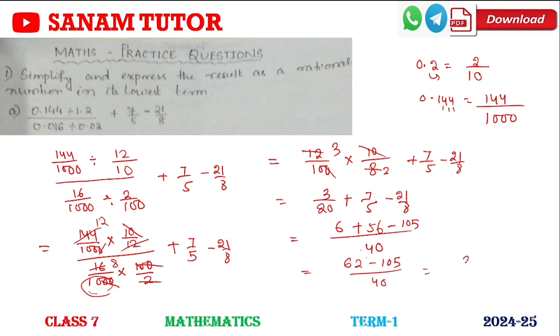The difference is 43, and the sign is minus because the bigger number has the minus sign. So the answer is minus 43 by 40. If you convert into a mixed number, the answer will be minus 1 3 by 40.